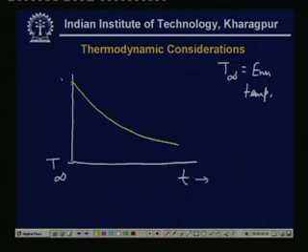So, this is T1 and we have measured T over here and it drops exponentially.